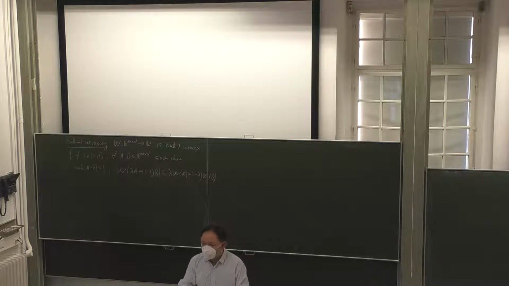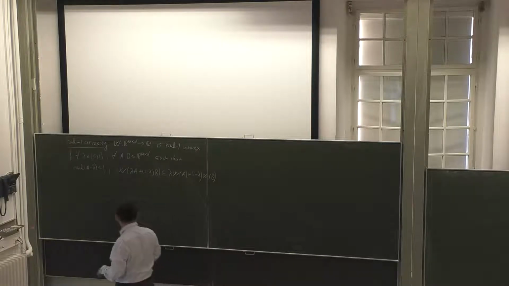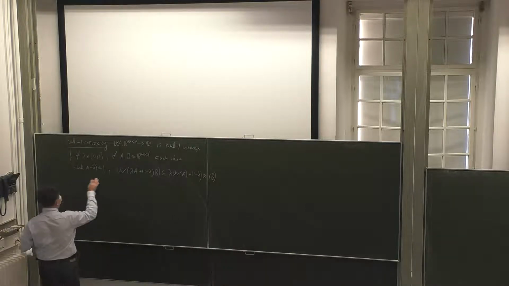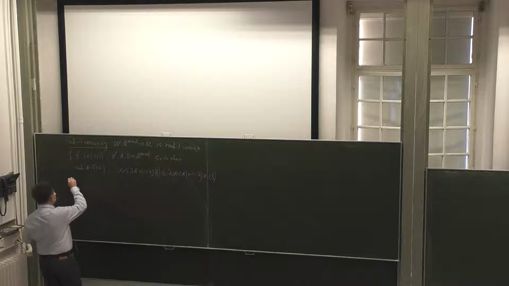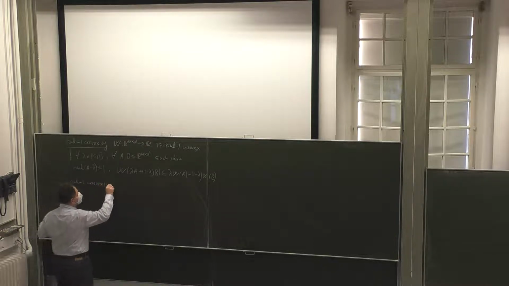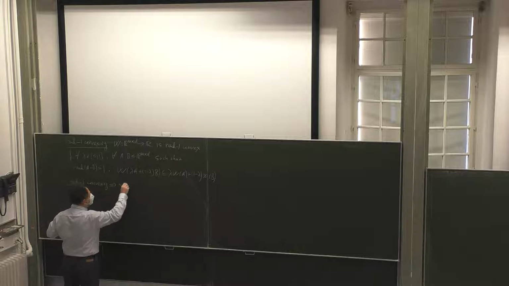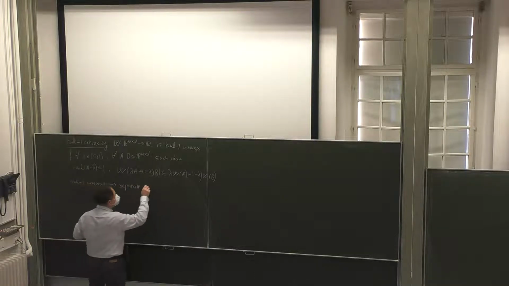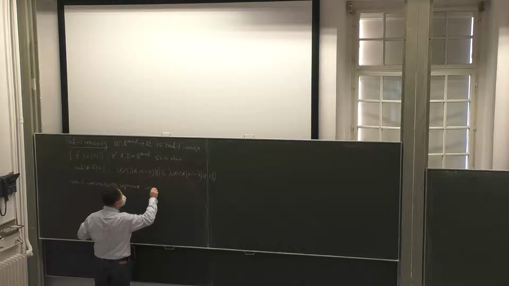So this is like convexity along Cartesian axis. So rank 1 convexity implies separate convexity.